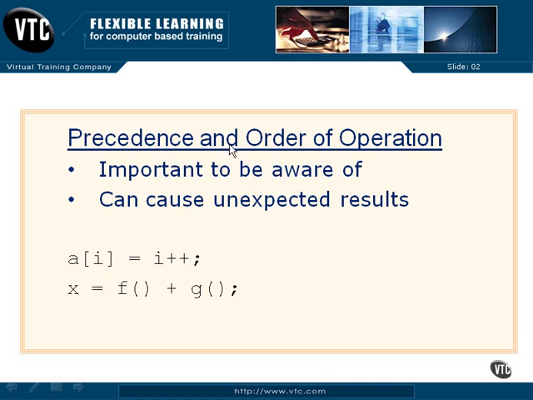Well, here's where precedence and order of operation gets us. Which I are we going to use in here? I before it is incremented, or I after it is incremented with the plus plus, the post-increment operator? Well, this is not specified by the C programming language.